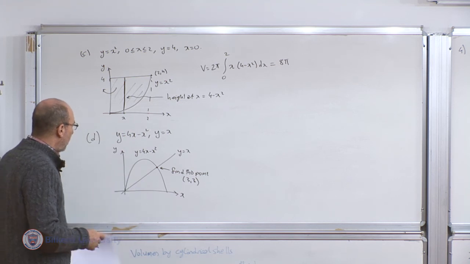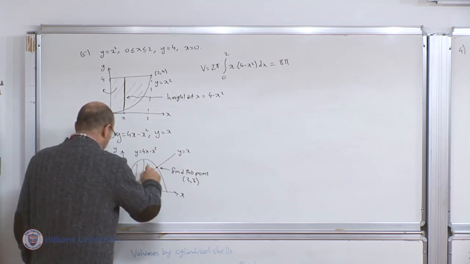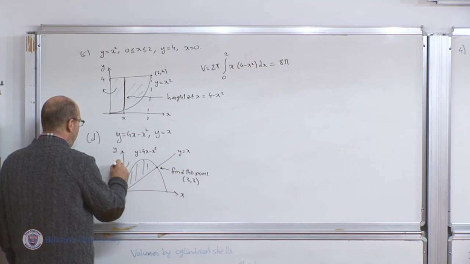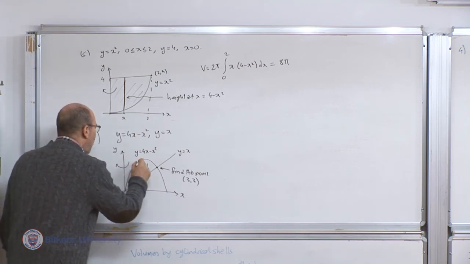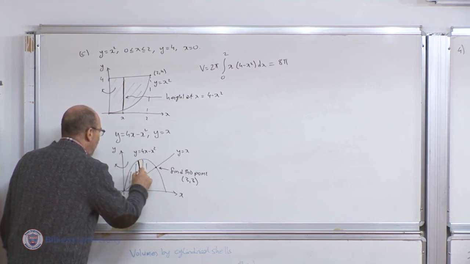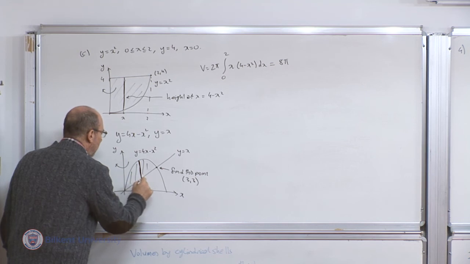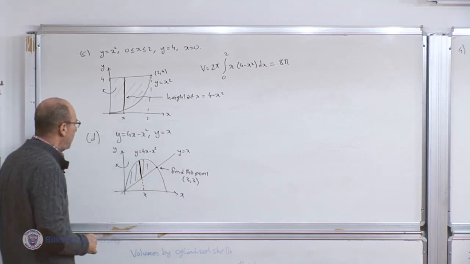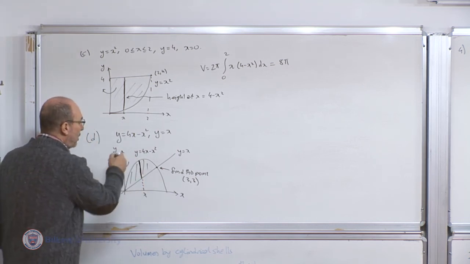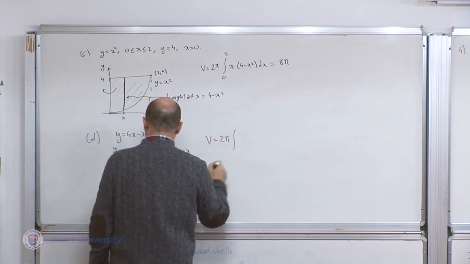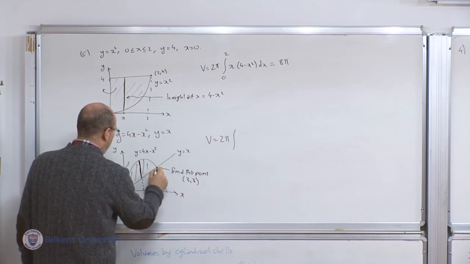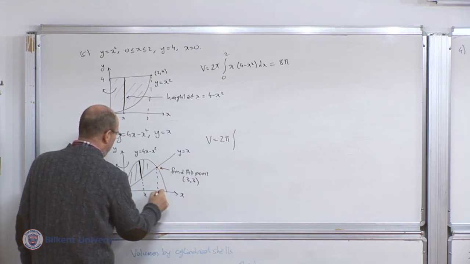Now we take this region and revolve it around the y-axis. Again, we are doing the same thing. We take a line here at x and we revolve this around. So the volume is 2 pi, x goes from 0 to 3.